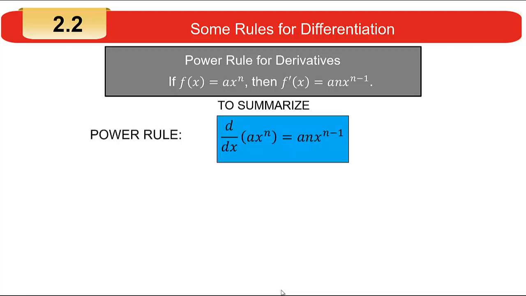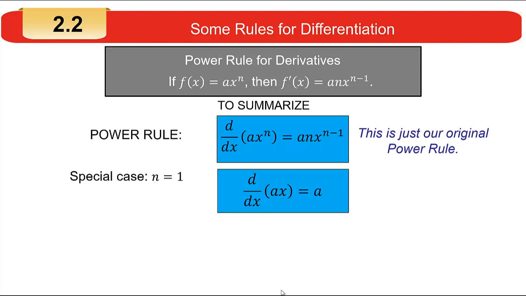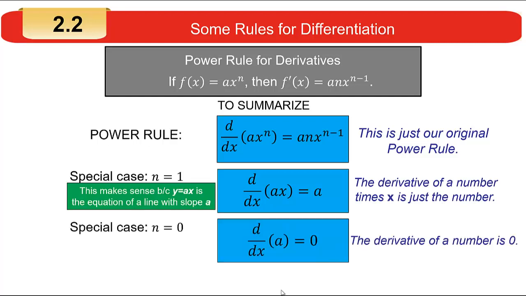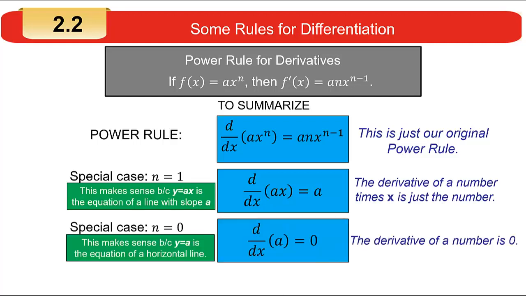So to summarize what we've done so far, you've got the power rule, and then you've got those two special cases, which might be thought of as rules in their own right. This is a good thing to focus on to make sure you understand what we've done so far.